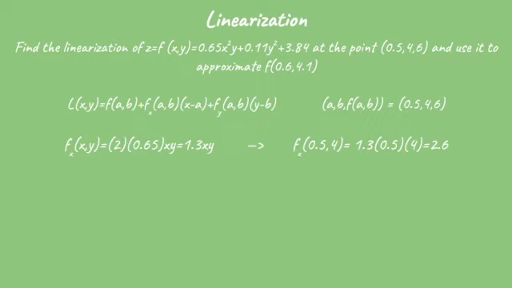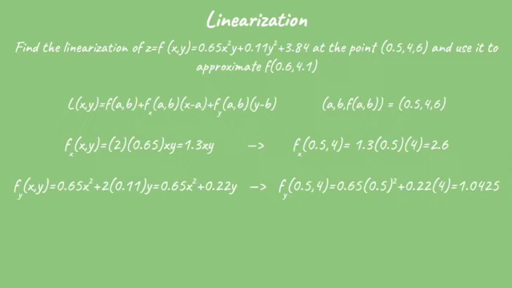Similarly, we're going to find the partial with respect to y, which gives us 0.65 x squared plus 0.22y, and then we plug in the corresponding values, and we get that the partial with respect to y at (1/2, 4) is 1.0425. So now we plug these values back into the equation along with the values of a and b, and we get our linearization at the point (1/2, 4, 6).